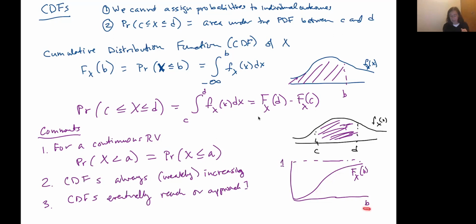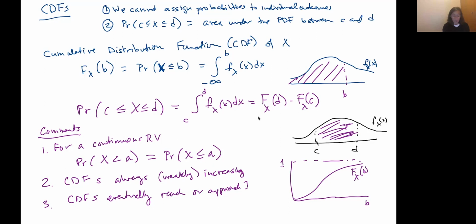As B itself increases, we're getting the probability of events that always incorporate the cumulative probability for lower values of B. So no decreasing ranges with CDFs. And at some point, that CDF has got to be getting really close to 1. Some CDFs will reach 1, others will just asymptote there.